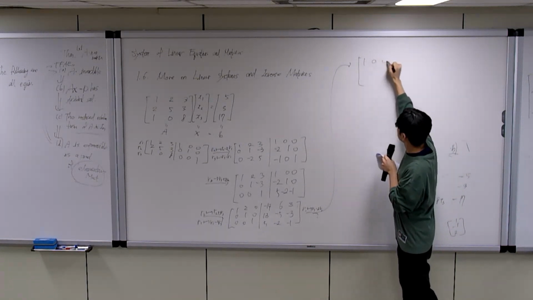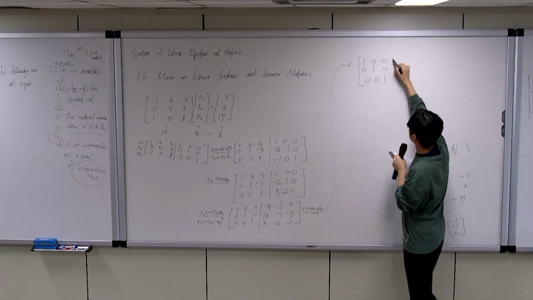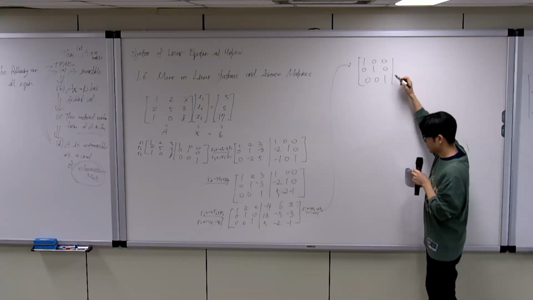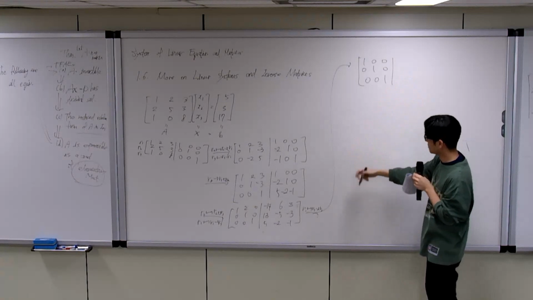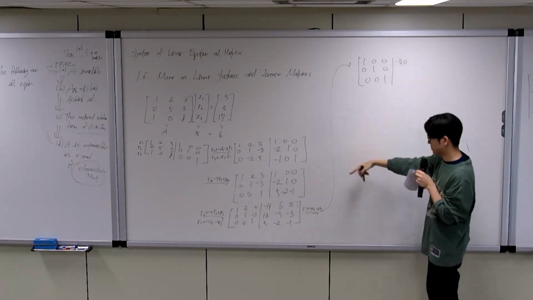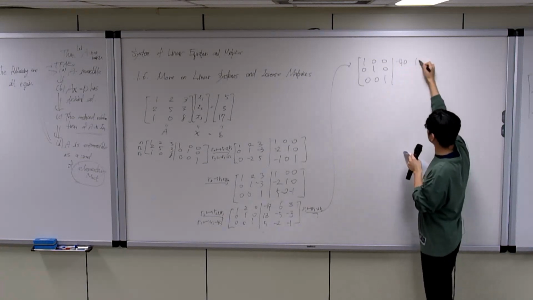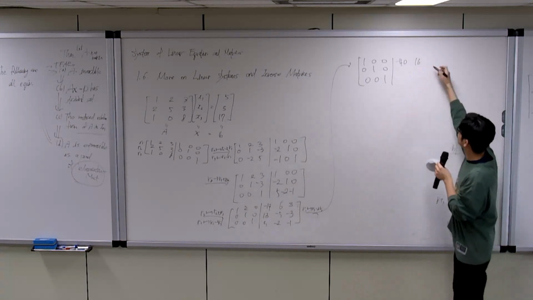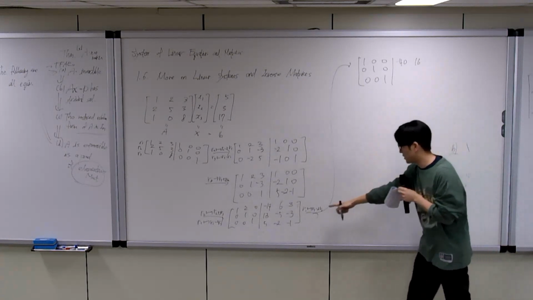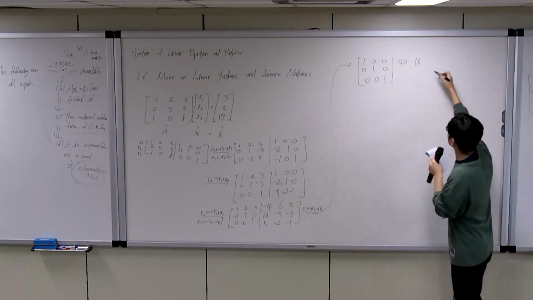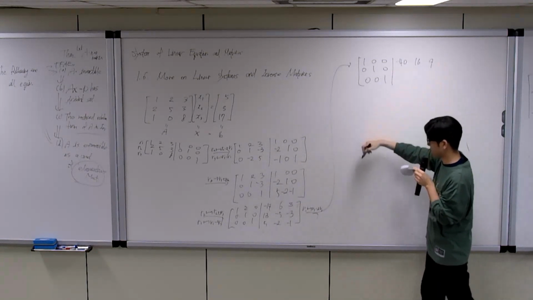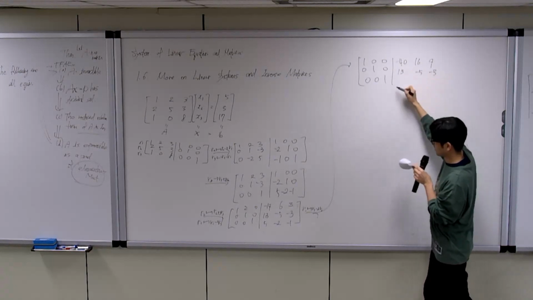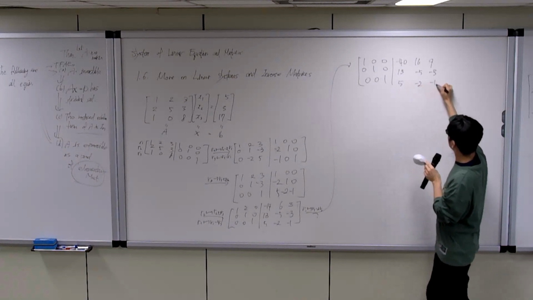The left side is the identity matrix and the right side is minus 2, minus 4, minus 2, 16, but it is right. I'm not wrong. 6, 9, and another one is the same.